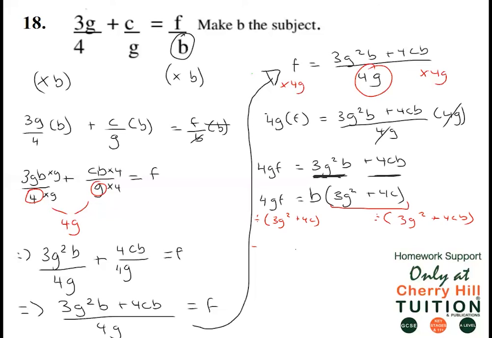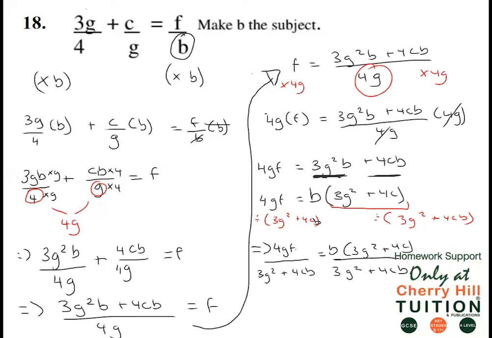Okay, and that leaves us with 4gf over 3g squared plus 4c is equal to b, 3g squared plus 4c, all over 3g squared plus 4c. So there should be a b here.